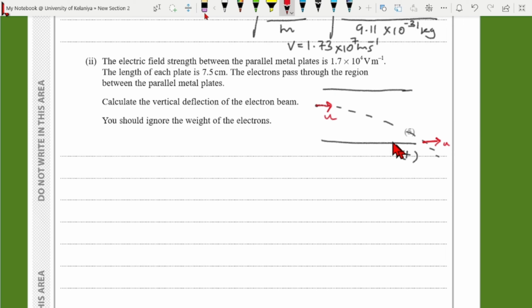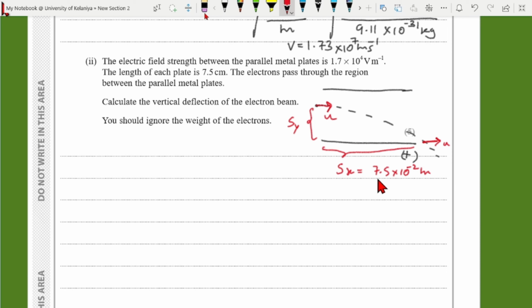We want to calculate this deflection, which I called sy, and this is our sx, and we know it is 7.5 times 10 to the power minus 2 meters.